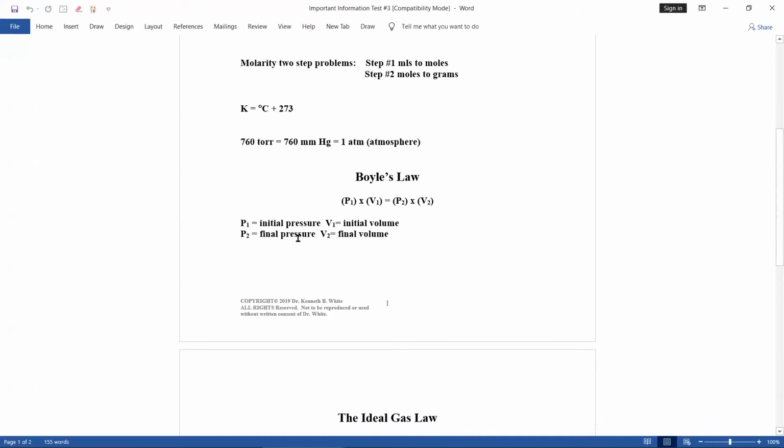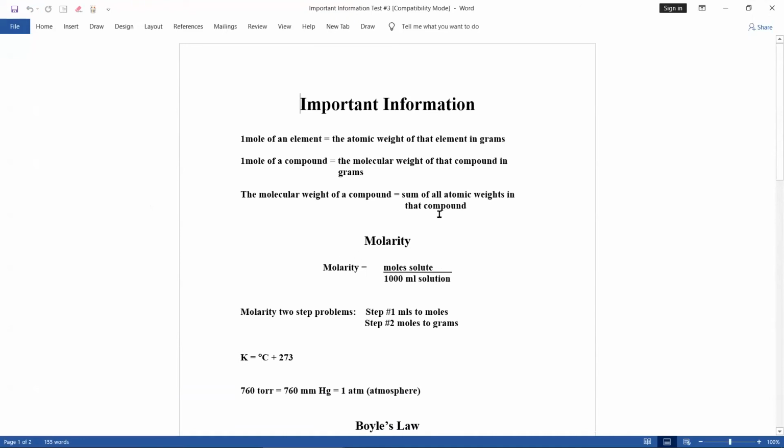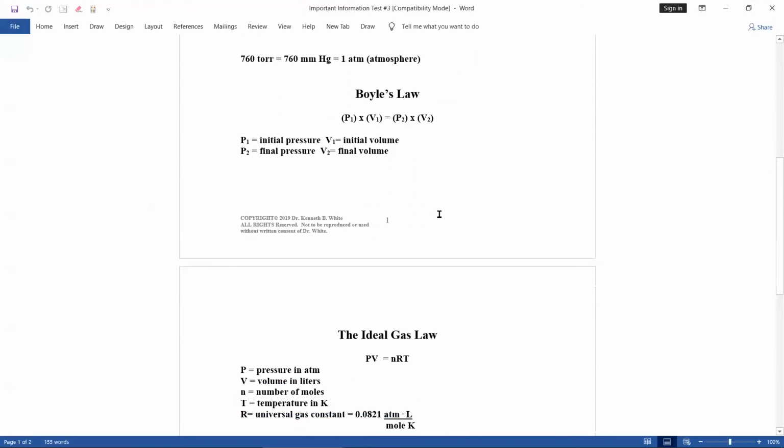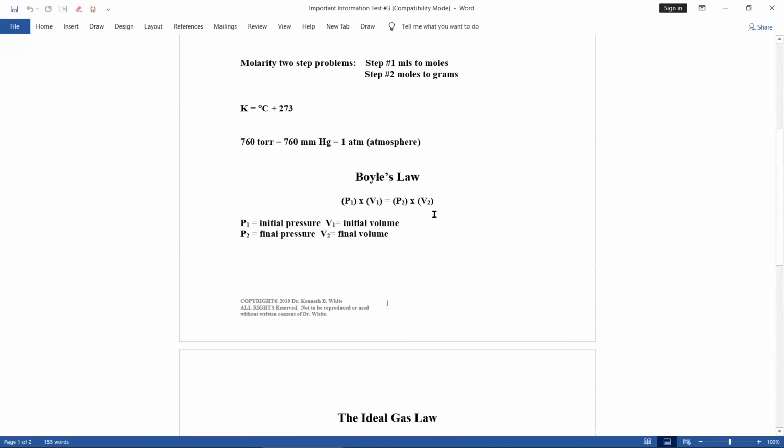I have P1 initial pressure, V1 initial volume, P2 final pressure, V2 final volume. That's from important information test number 3, which you're not doing this Thursday, but it will come up soon. And in the past, students had to memorize this. You don't.